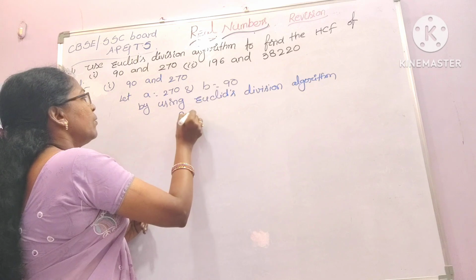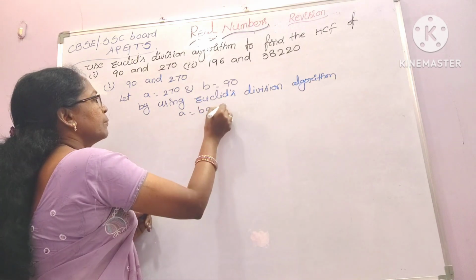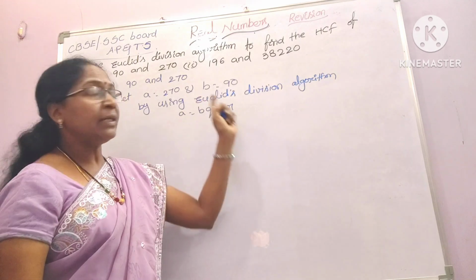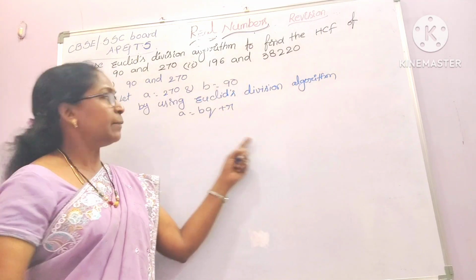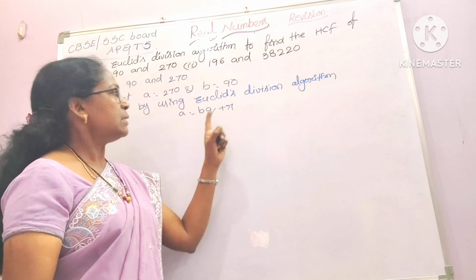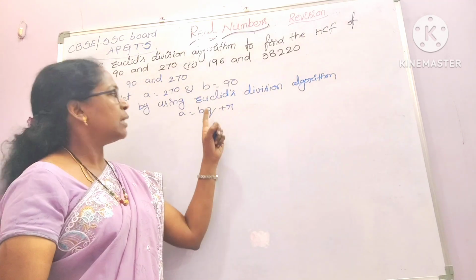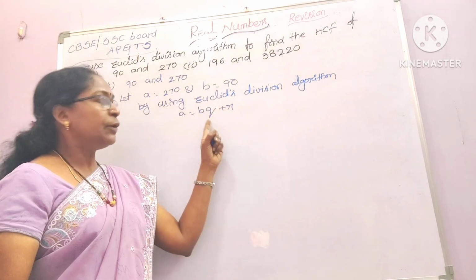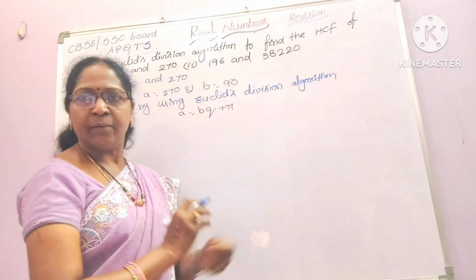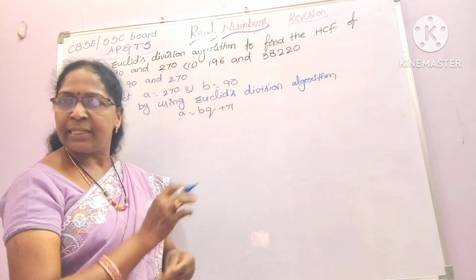A equals BQ plus R. This is Euclid's division algorithm, or the division algorithm. Both are the same. Here A and B are two given positive integers, and Q and R are the quotient and the remainder. These two are existing integers.